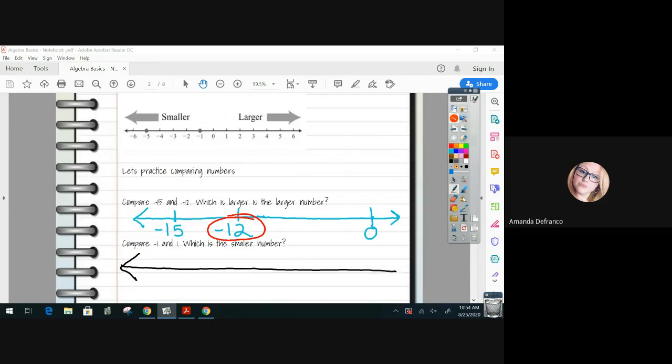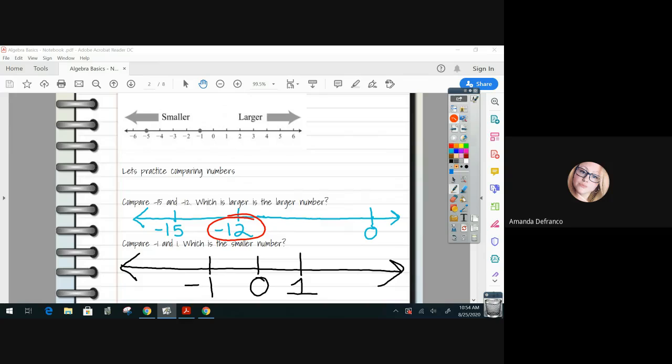All right, let's do this last one. I'm going to draw my number line out because it wants me to compare -1 and 1. Now, I'm going to look at the number line that I already have up at the top of this page. And I know that 0 is dead in the middle, and to the right is my +1, and to my left is -1.